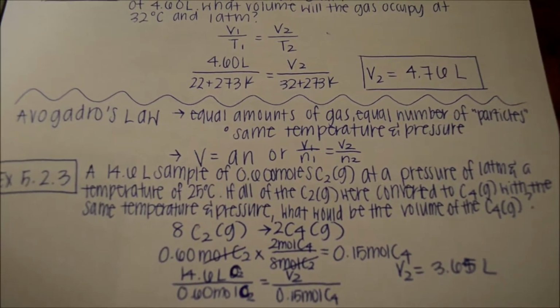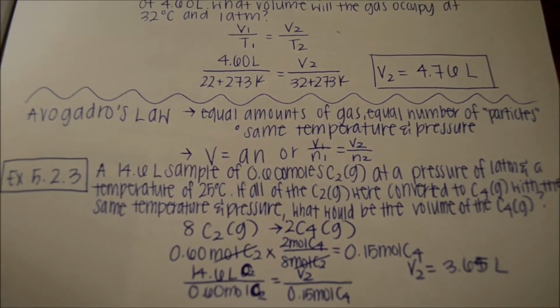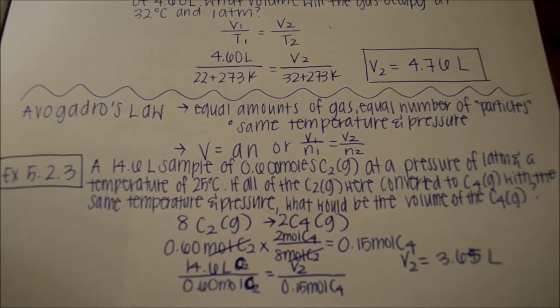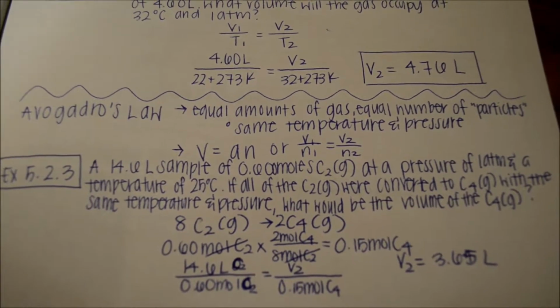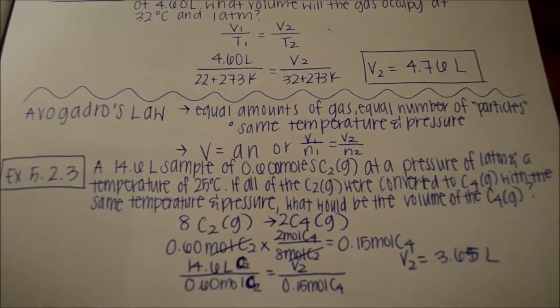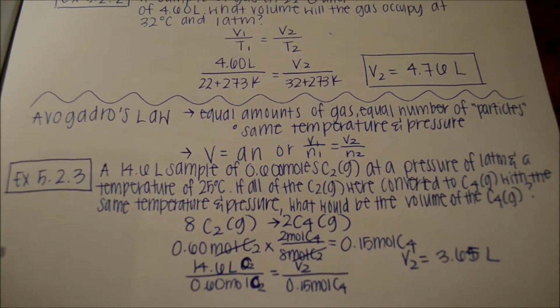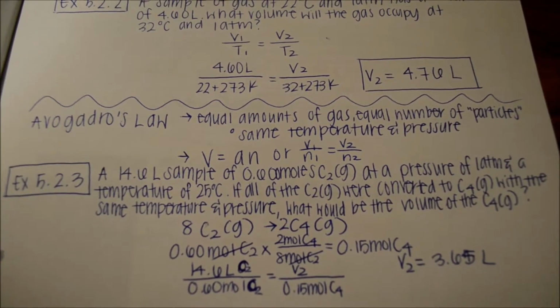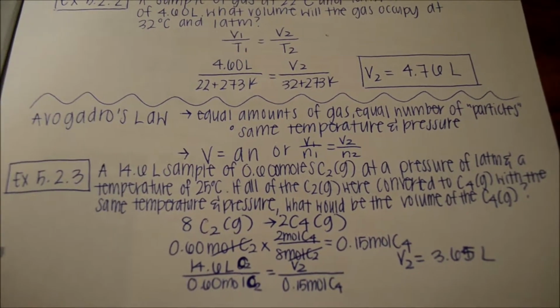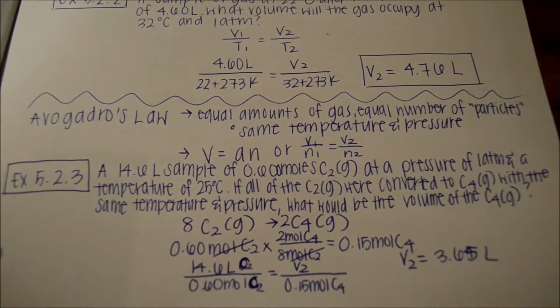Suppose we have a 14.6 liter sample of 0.600 moles C2 at a pressure of 1 atm and temperature of 25 degrees Celsius. If all of the C2 gas is converted to C4 gas with the same temperature and pressure, what would be the volume of the C4 gas?